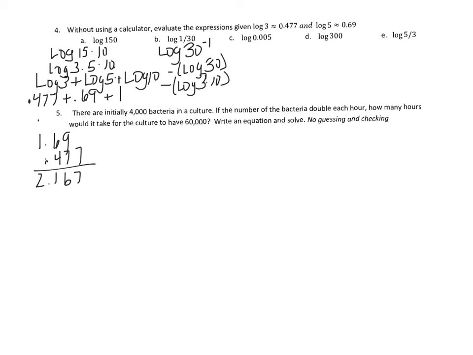That seems like the easiest way, in my opinion. You can't use 2 times 15 because you don't know log of 2. So that's minus the log of 3 plus the log of 10, which is negative 0.477 minus 1, distributing the negative, so negative 1.477.